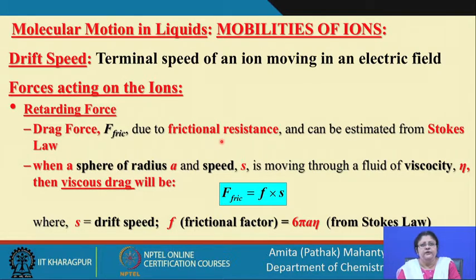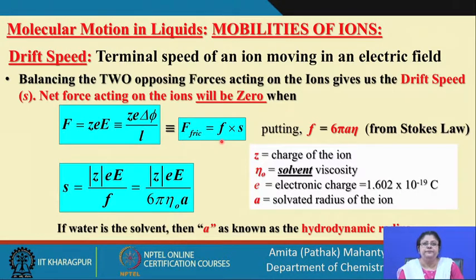Okay. So, we have two forces acting on the particle, one the retarding force and the other the accelerating force. These forces should balance each other to reach a terminal speed or a drift speed. So, if you equate the two, the terminal speed of an ion moving in an electric field is obtained when the two forces acting on the ions are balanced.